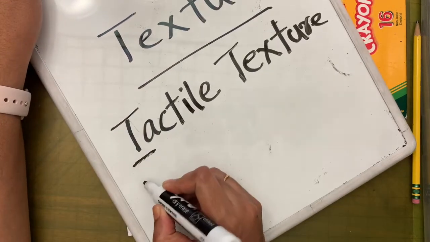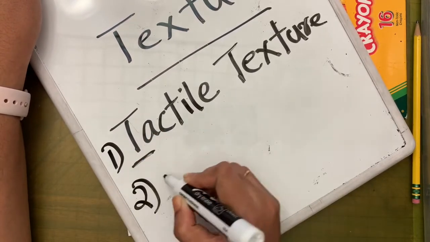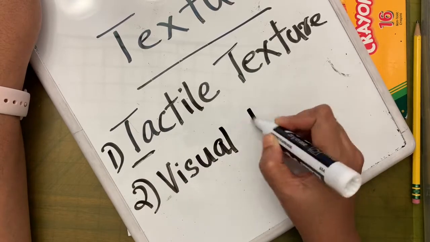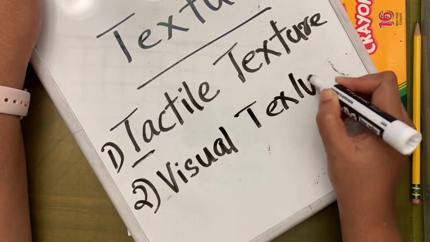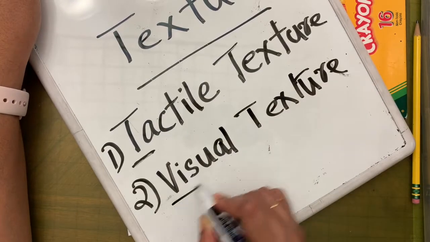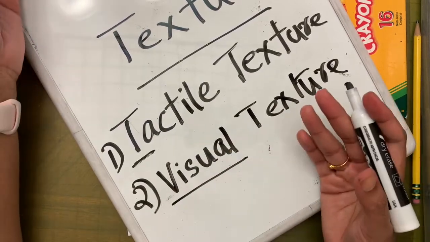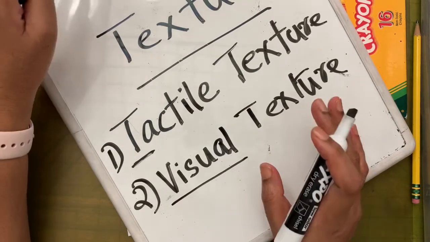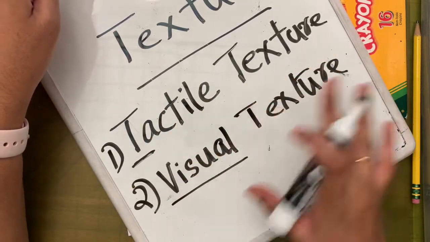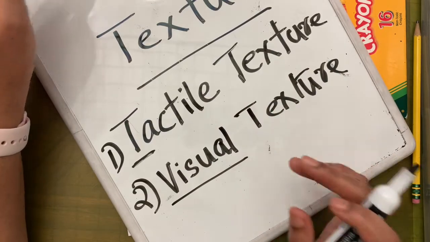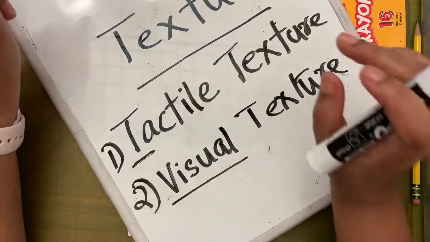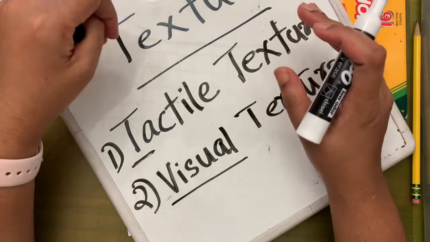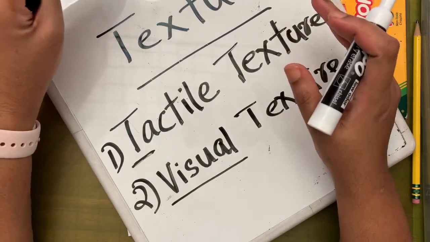Then there is visual texture. What do you think it is? Visual means something that you can see. These things can only be seen with the eyes, but you cannot touch and feel them. For example, if you look at a photo or a drawing or a painting, you see texture, right?